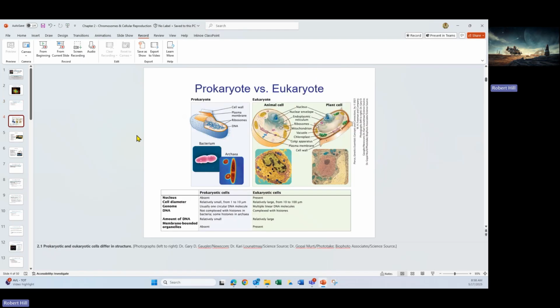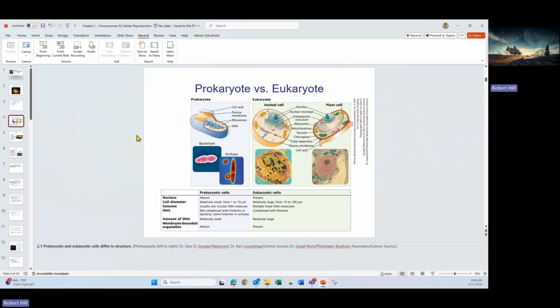All right, prokaryotes and eukaryotes. Basically, prokaryotes are bacteria, and eukaryotes are everything else. All right, so plant cells, animal cells, fungal cells, everything. And they're much more complex.